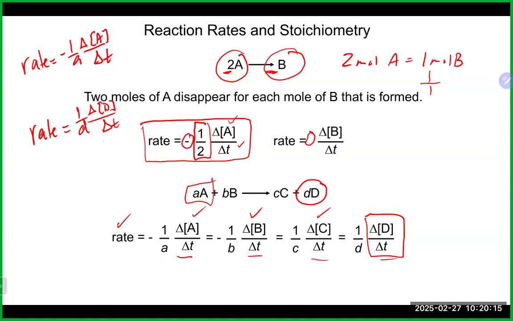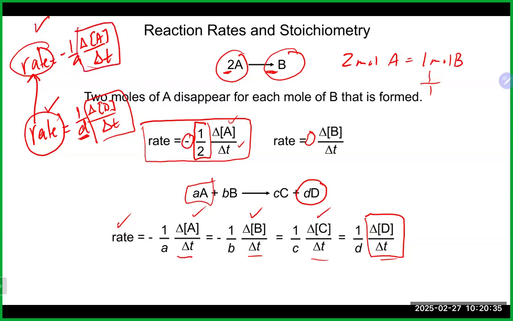Now, if I knew this part of it, I would know this from the equation. That would allow me to actually calculate the average rate for the reaction. And why that's helpful is because this rate right here and that rate right there are the same rate. So now I know this, which would then allow me to solve for something like this.